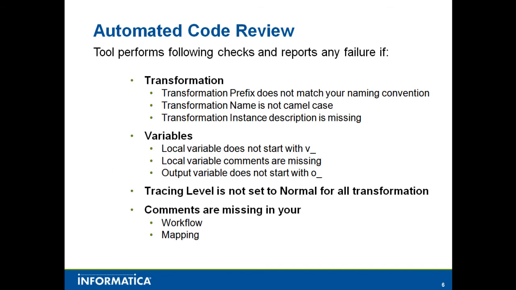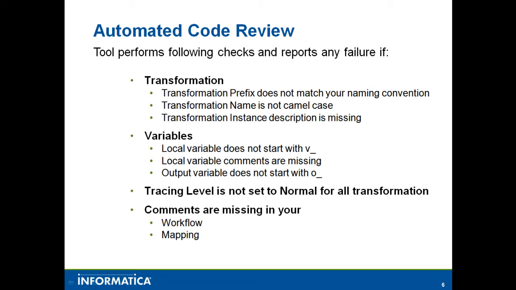Talking about some of the core features, automated code review is one of the main features of this tool. This tool will perform checks and report any failure if any of these conditions don't match. These conditions are dictated by the template that you can predefine and link to this utility.